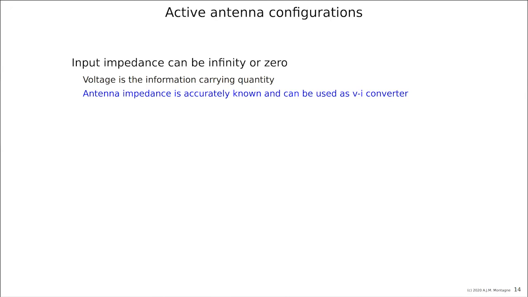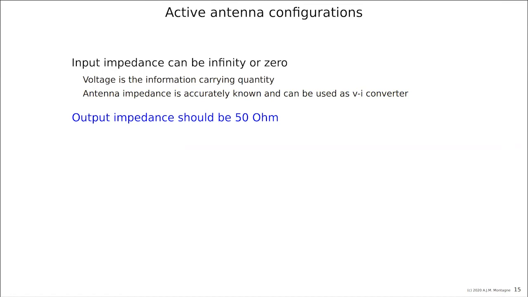It doesn't add any uncertainty, and there is a unique correspondence between the current and the voltage delivered by the antenna. So we can have input impedance 0 if we want to sense the current, and we can have input impedance infinity if we want to sense the open circuit voltage of the antenna.